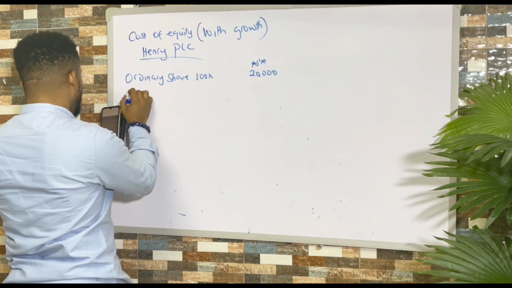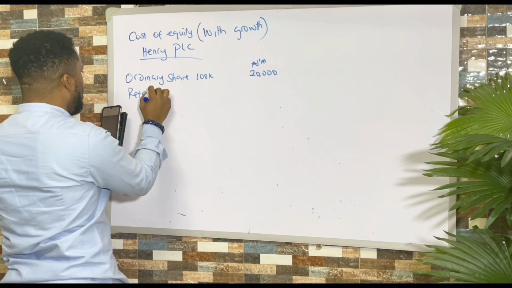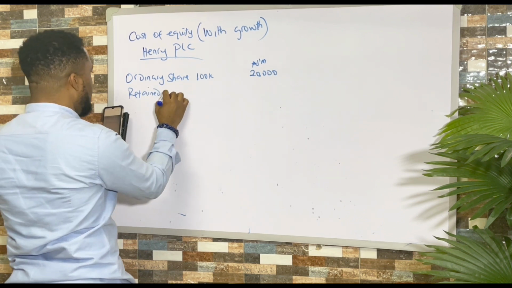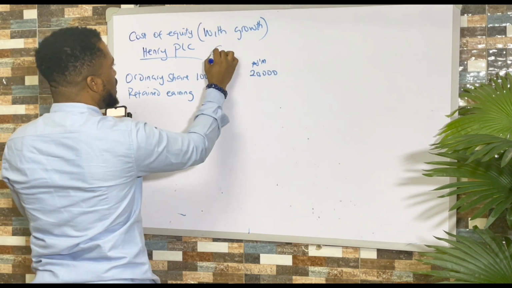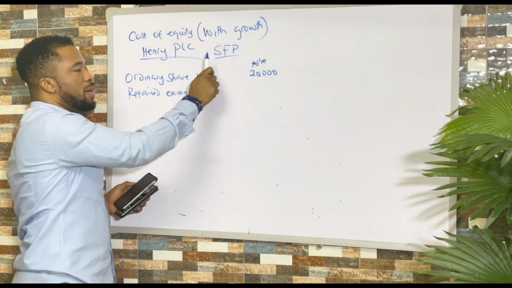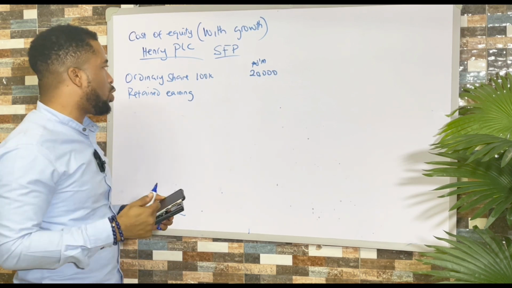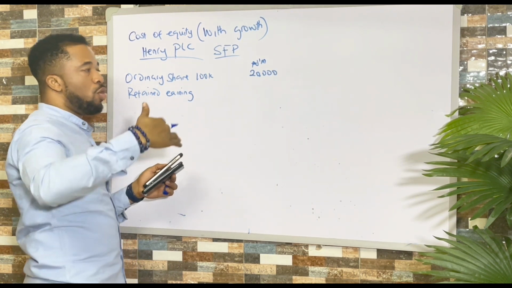We have retained earnings. Don't forget that retained earnings is an accumulated value, not for the period. Remember, this is the statement of financial position, and any value you see in this statement represents cumulative value, not for the period. That means this retained earning is over the years.